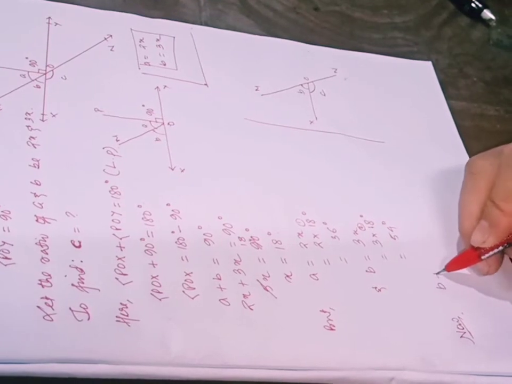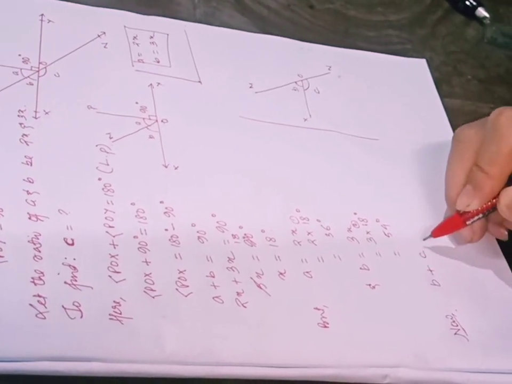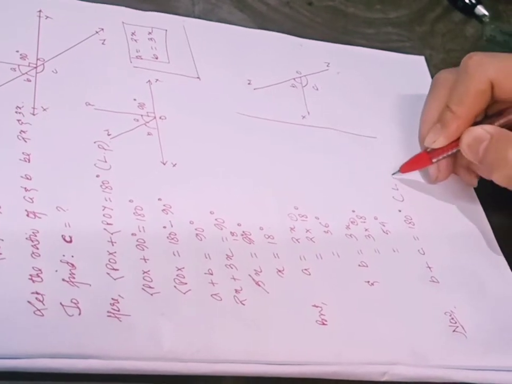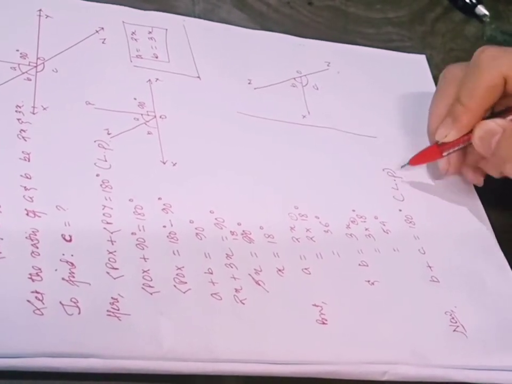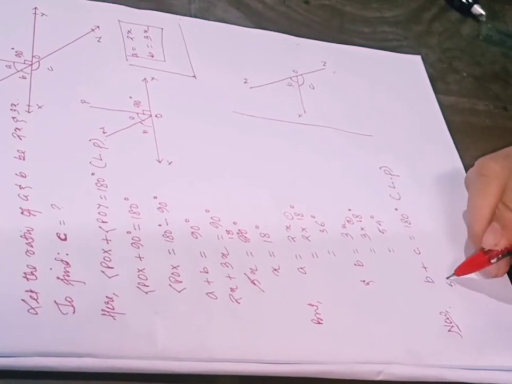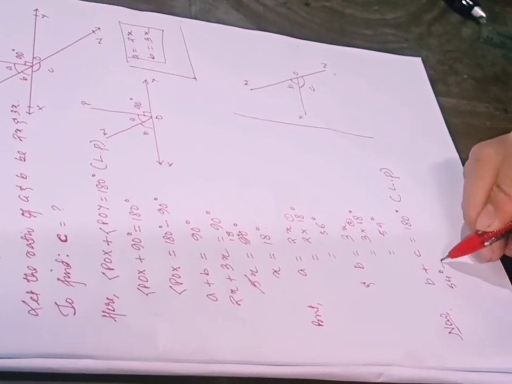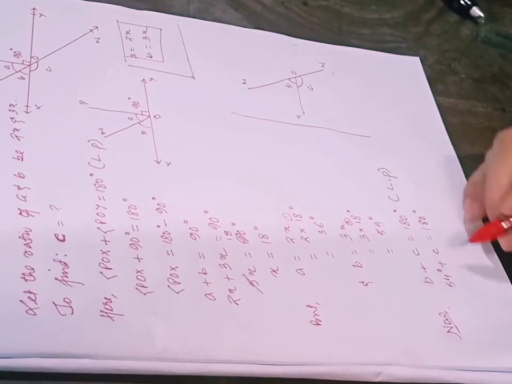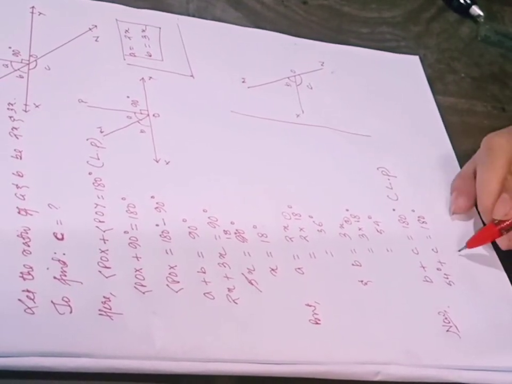So let's write down now: B plus C is equal to 180 degree. Reason is they form a linear pair. Is it okay? Yes. So angle B is how much? 54 degree plus C equal to 180 degree. So let's calculate the value of C by transferring 54.